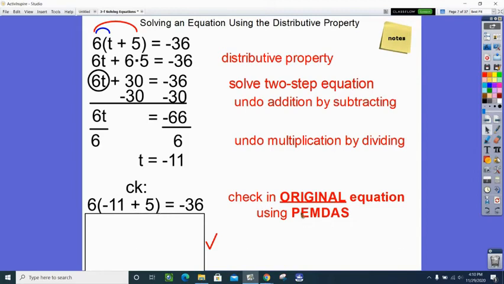So you are going to use your order of operations, and the first letter says P, parentheses. Matter of fact, the way I'm going to show you is easier anyway. So you ask yourself, what is -11 plus 5? I'm going to do what's in the parentheses first. Think it, check it in the calculator. What is -11 plus 5? And you should see -6. And now we just have one operation, 6 times -6, and it works. Our answer is -11.